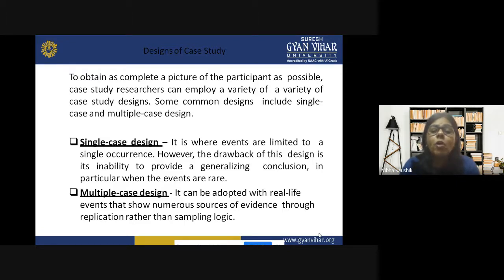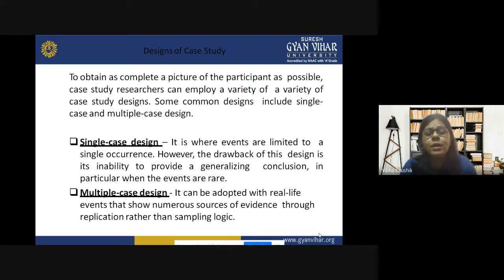However, the drawback of this design is its inability to provide a generalizing conclusion, in particular when the events are rare.